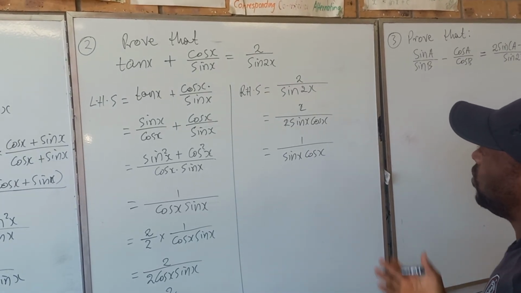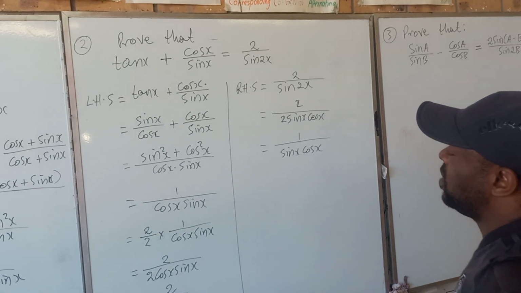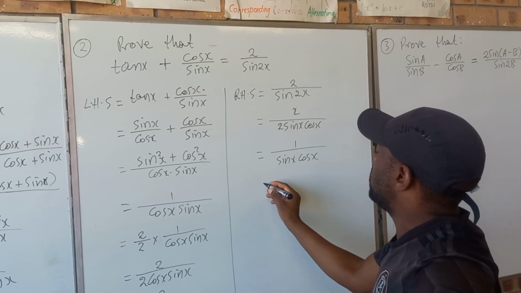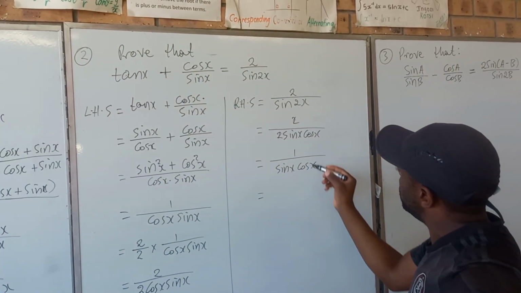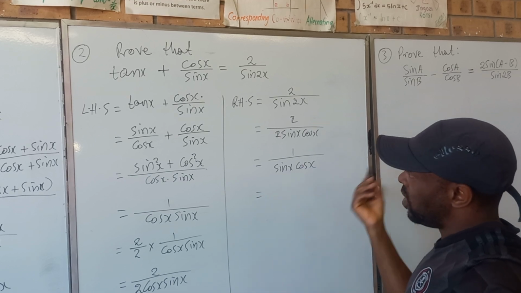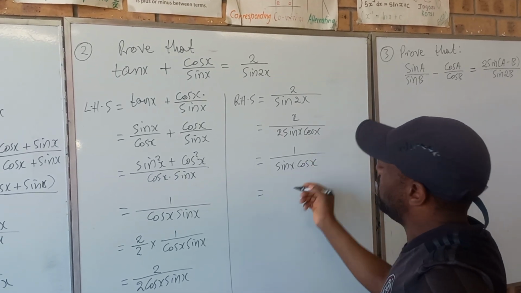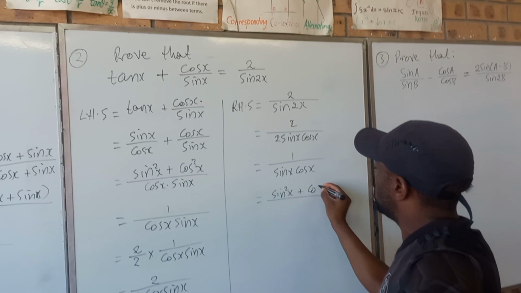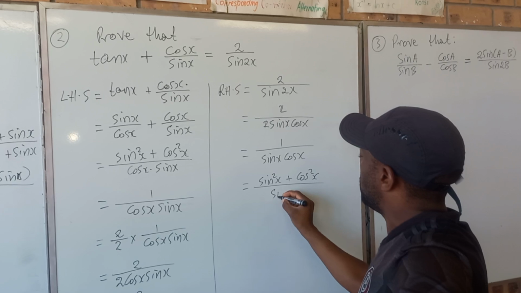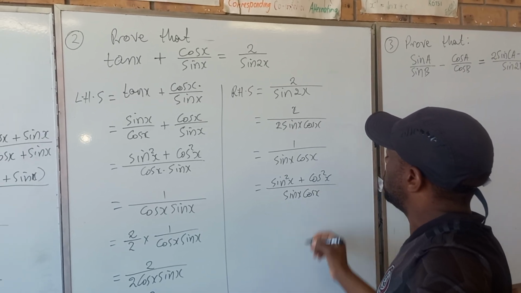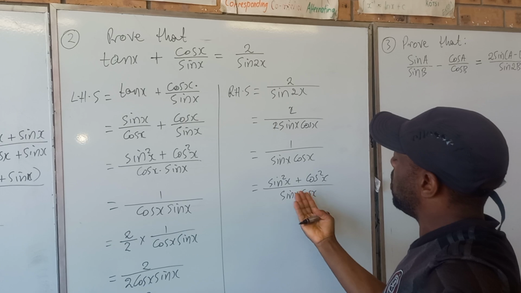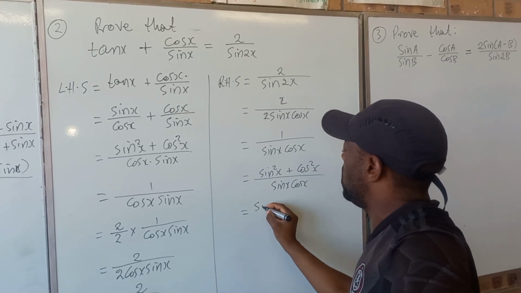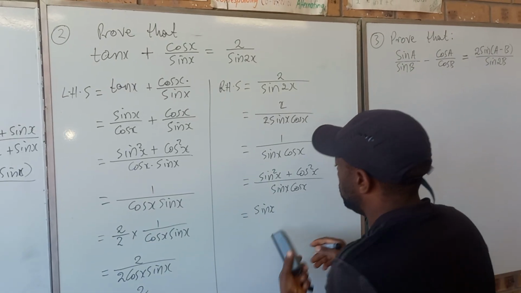So usually with the 2 method, 1 must be a bit challenging. That's why I was advising students to handle that one. But there can also be people who prefer this one. Now if you look at 1, it must now ring a bell in your mind that this 1 is the identity sine square x plus cos square x divided by sine x cos x, and since sine x cos x is now like the LCD, it belongs to everyone, so it means I'll be taking sine squared x.